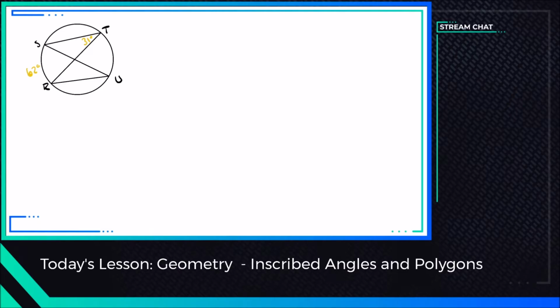With this information, we're going to go ahead and find the measurement of angle U. We know that the arc is 2 times our inner measurement.